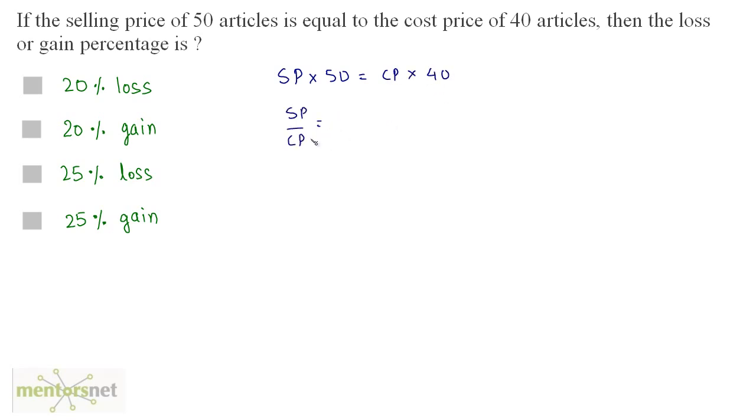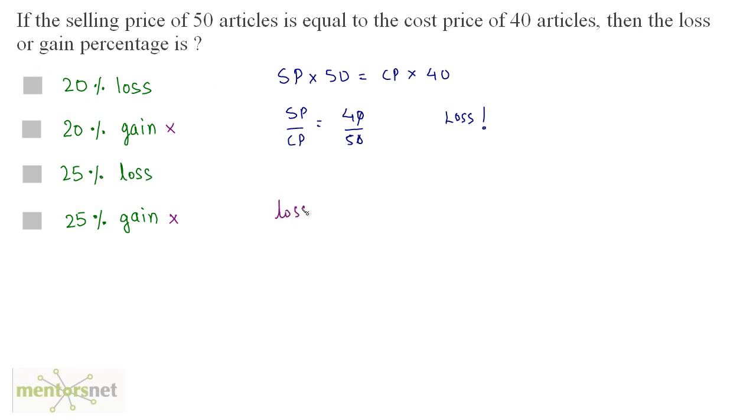So SP by CP is equal to 40 by 50. So the ratio of selling price to the cost price is 4 by 5. This means that the selling price is less than the cost price, which means that there is a loss. So naturally these two options get cancelled out. So we have to calculate the loss percentage.